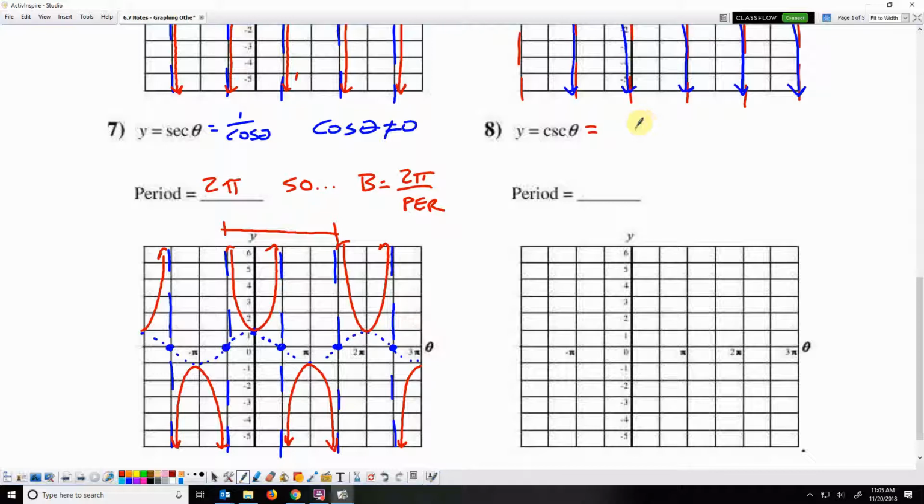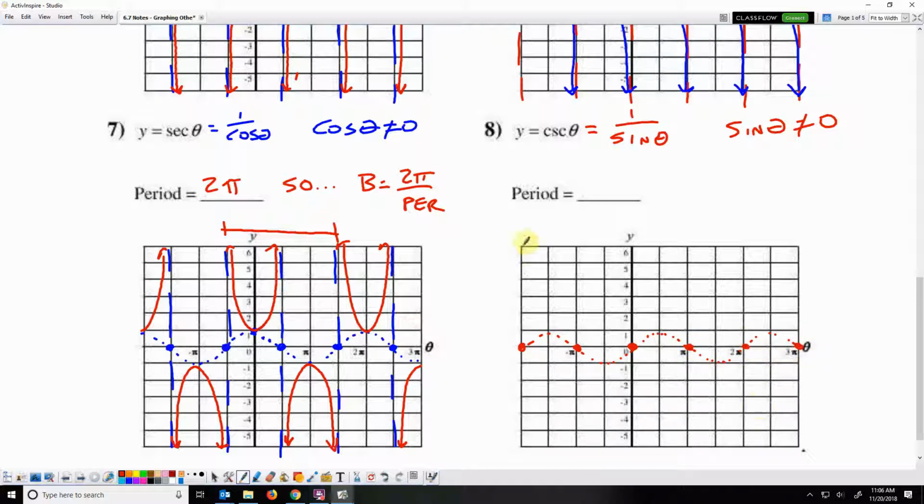So y equals cosecant theta is the same as 1 over sine theta. So sine theta cannot equal 0. So we'll start this graph on its axis. There's a sine wave, and every time that wave touches its own axis, it equals 0.